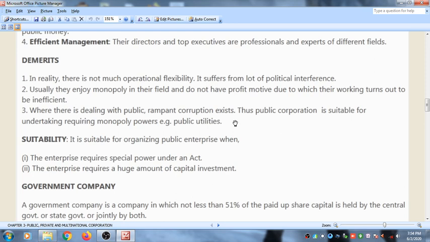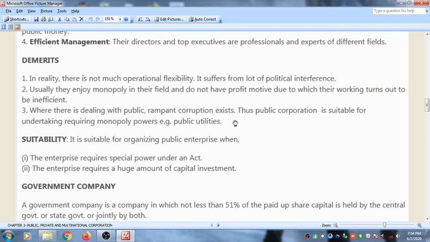Government often appoints advisors to the corporation boards. This affects the freedom in decision making and often leads to disagreement. Thus, there is always delay in the decision.